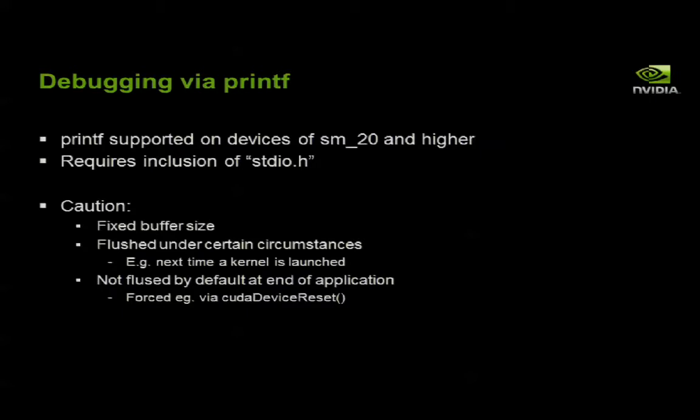The exact list is in the programming guide, but it's basically if you have a CUDA device reset or a CUDA stream synchronize and a few more of those fairly heavyweight calls, that it then goes out and checks if there's a Printf buffer available. It pulls it over to the CPU and displays it.